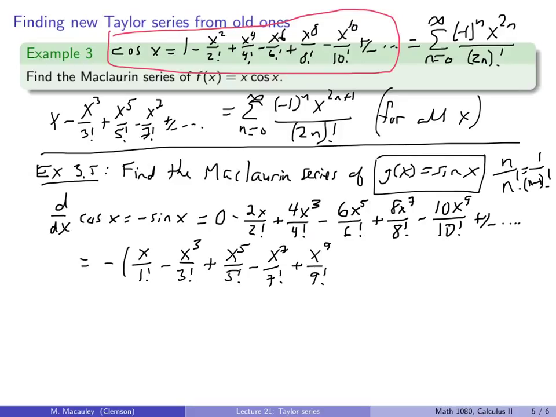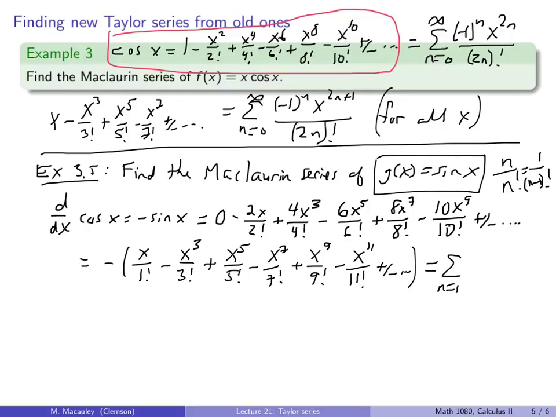I'll do one more for good measure: minus x to the 11th over 11 factorial, and plus, minus, and so forth. And now we can actually write this in closed form. We can say this is n equals 1.